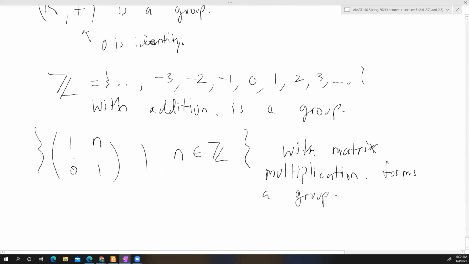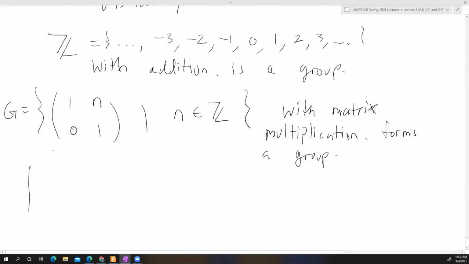We'll call this G for group. It turns out that Z with addition and G with multiplication are isomorphic. They're the same group. And you're like, what? They don't look the same at all. Well, let's multiply two elements in here.